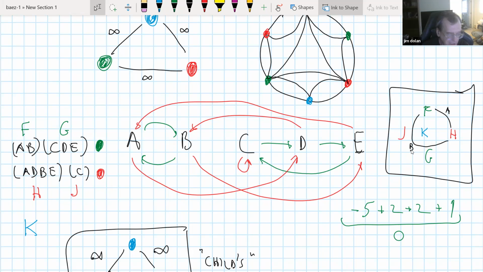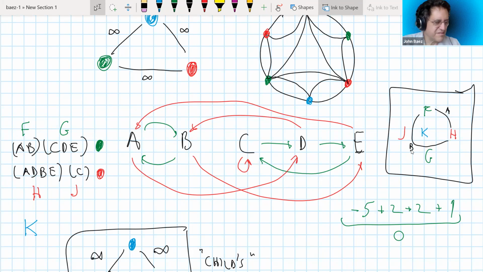But let's try a more systematic, more clunky way of doing this. Okay, let's switch from the child. I was trying to actually draw the child's drawing, but let's try to draw the child's tiling instead. Okay.